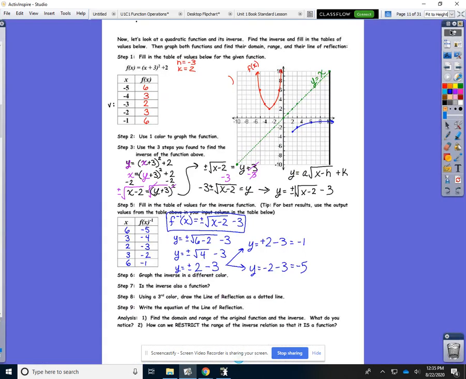So what you basically should have when you finish is you should see a parabola in red.